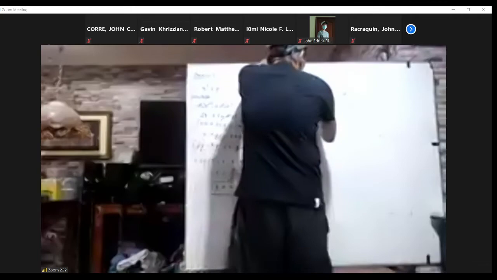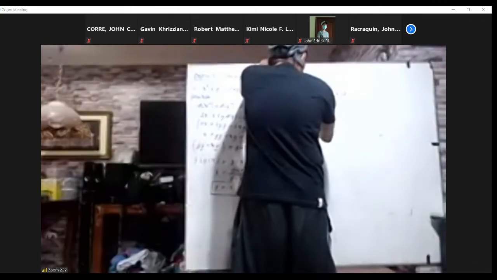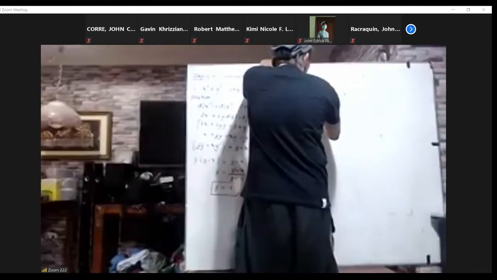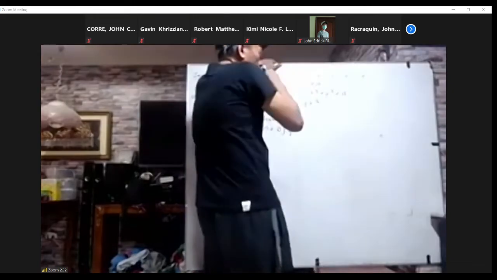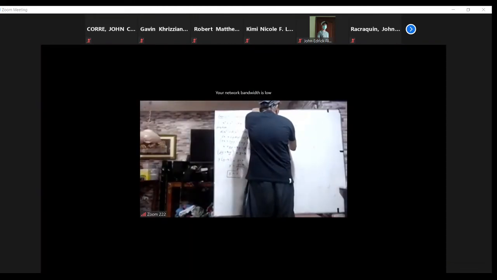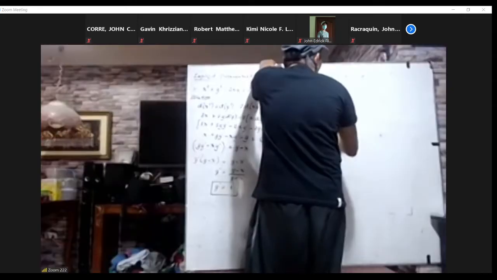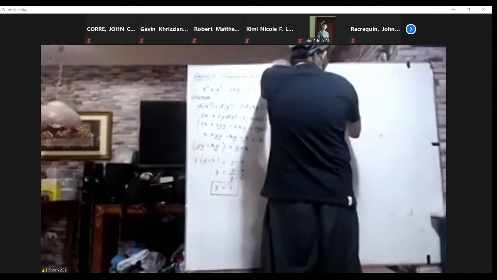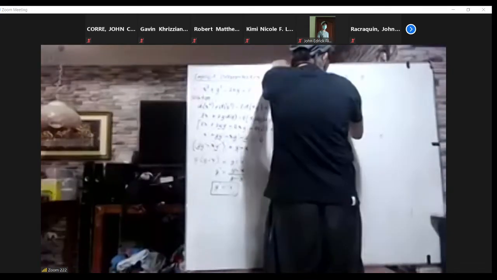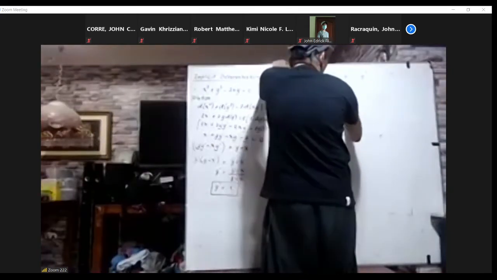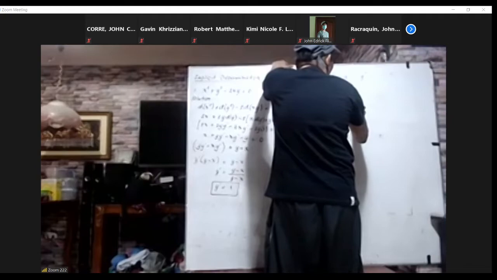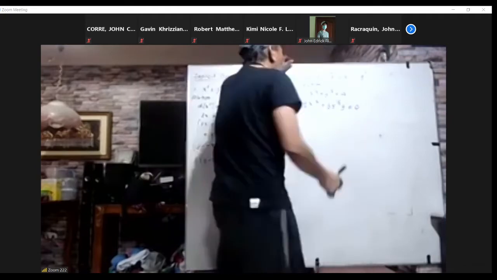Derivative of x raised to 1/2 is 1/2 x raised to negative 1/2, kasi magmaminus ka ng 1. Derivative ng y raised to 1/2 is equal to plus 1/2 y raised to negative 1/2. Then, derivative ng y is y prime. Then, equals derivative of the constant is 0.